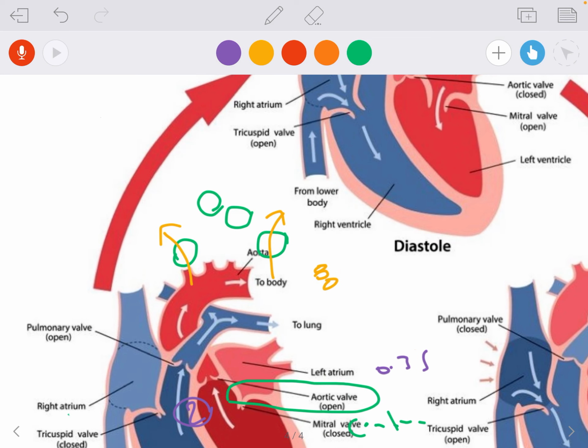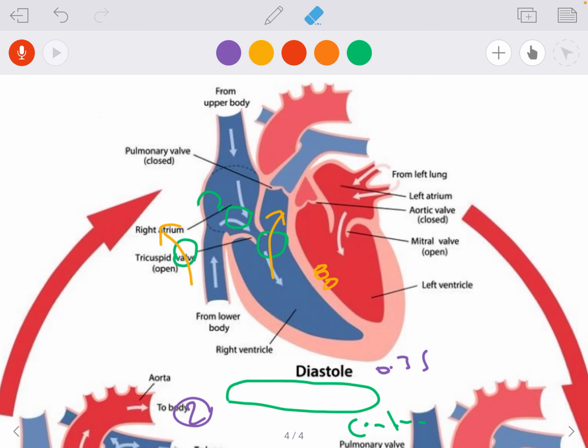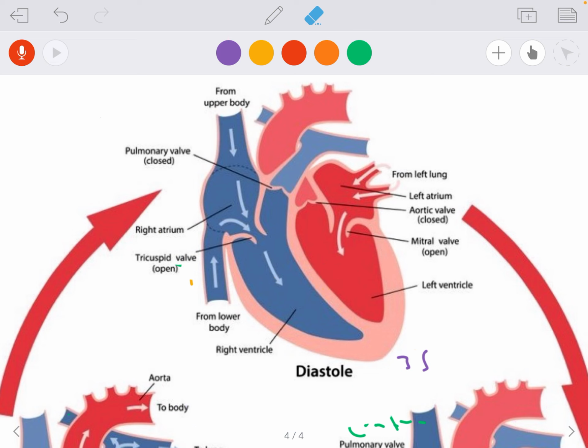The third phase is called the diastole. Now, whenever you start a new phase, you must remember what happened in the previous phase. So during ventricular systole, the two ventricles were contracted and the blood was pumped out of the heart.